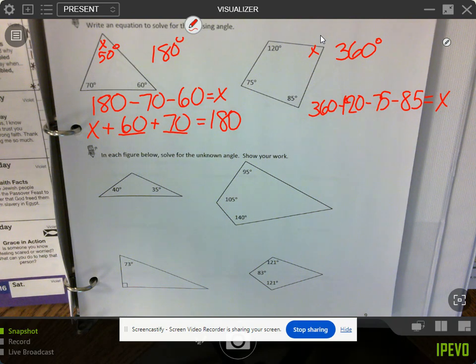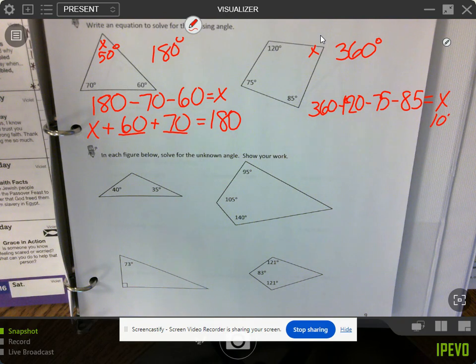I did not get 100. 360 minus 120 would be 240. 240 minus 75 would be what? 180, maybe? Oh, 80 altogether. I said minus 75. You subtracted the 85 also. If we subtract all of those, we don't get 100.